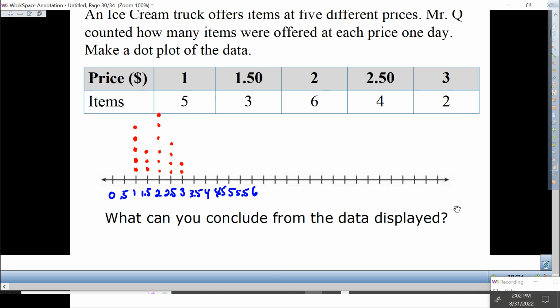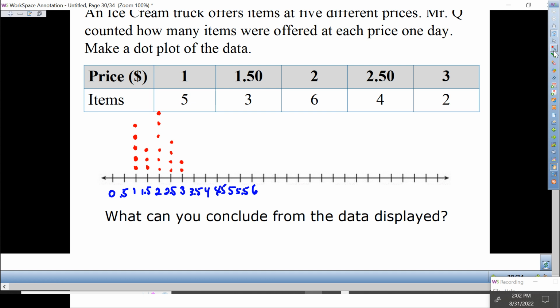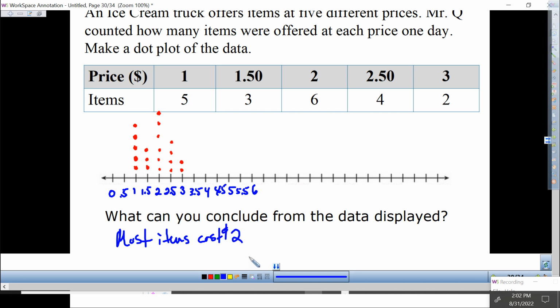So what can we conclude from that data? Samuel, what can we conclude? Most items cost $2. Okay, not bad. So if I go to Best Buy, I'm going to find an item for $2. No?